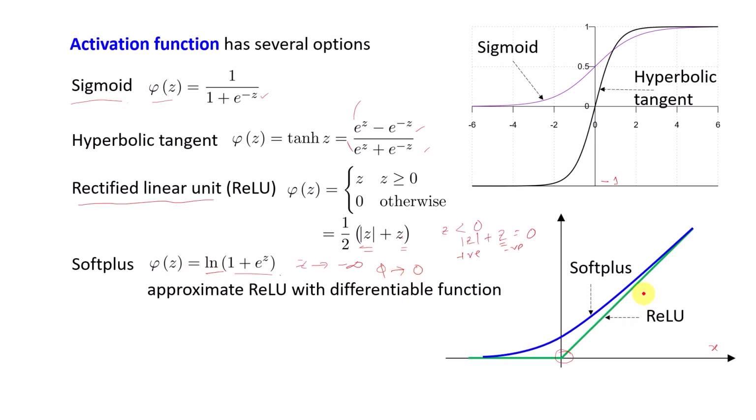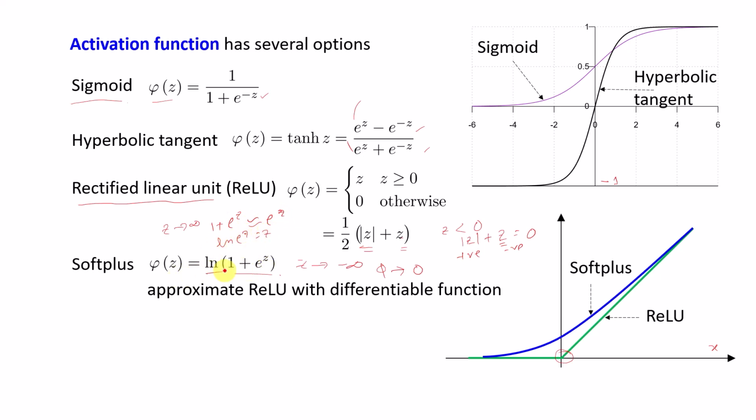On the positive side, it will go very close to this ReLU function, because when z is high, e to the power z will be very large compared to 1. So as z tends to infinity, 1 plus e to the power z will be more or less equal to e to the power z, and log of e to the power z will be z.